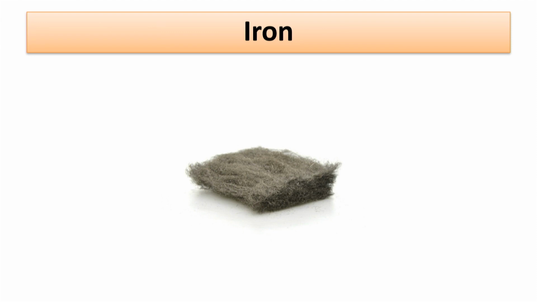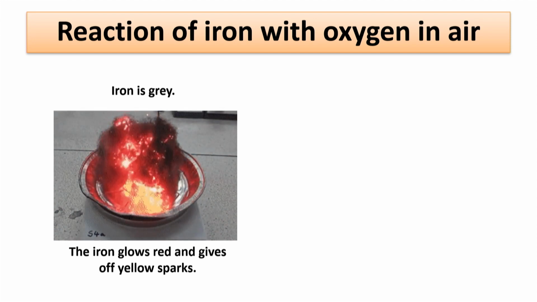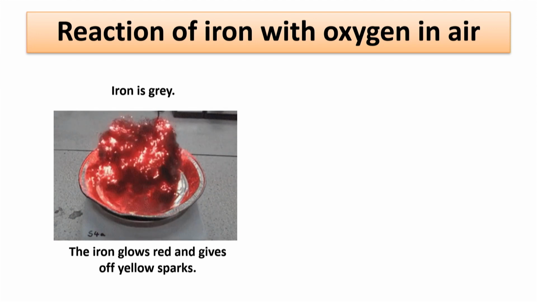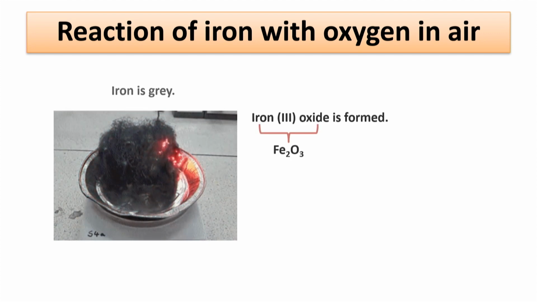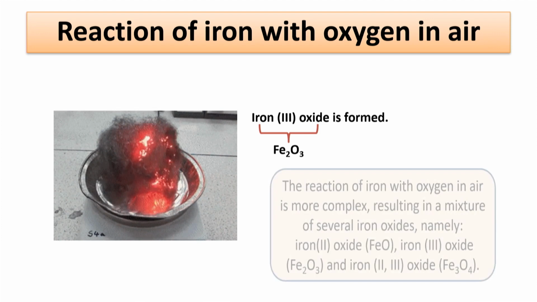Let's try this with this piece of iron wool. The iron is also gray. The iron is glowing in the flame, but the reaction is not as vigorous as with magnesium. On heating iron wool in air, it glows red and gives off yellow sparks. The iron reacts with oxygen to form iron 3 oxide, Fe2O3.